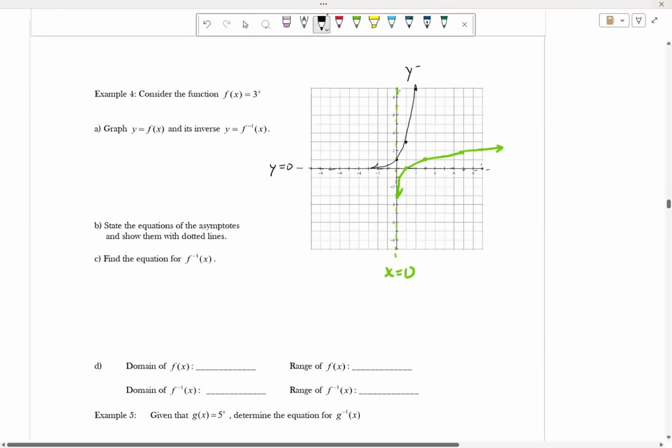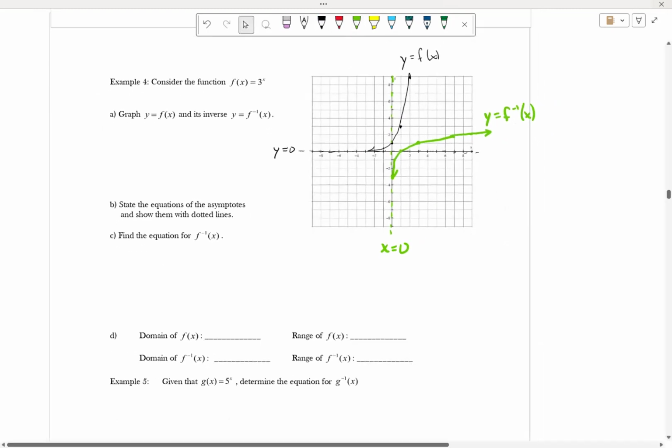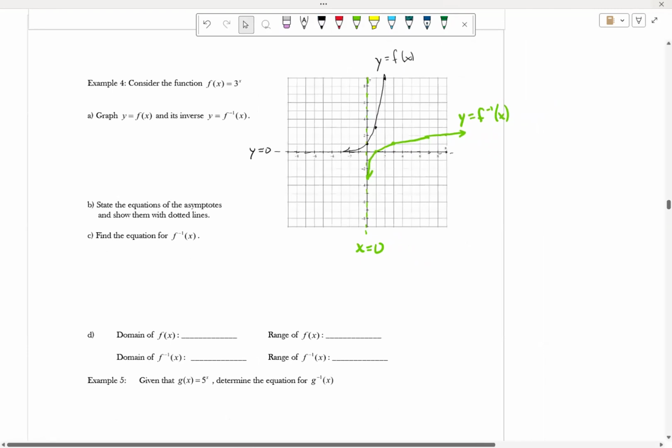I want to be clear, y equals, say f of x. And this one is y equals f inverse of x. Are we good up to here?